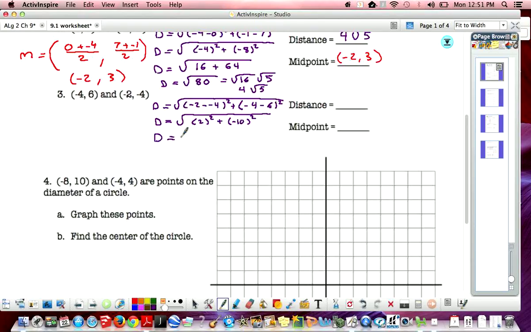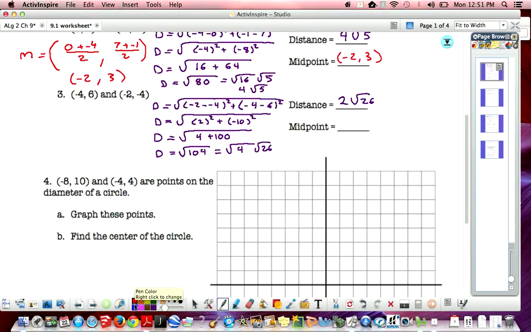So my distance equals 4 plus 100. 4 plus 100 is 104. Oops, helps if I write 104 instead of 100. So now, square root of 104 doesn't simplify, but 4 goes in there 26 times. Square root of 4 is 2, so I get 2 square roots of 26.